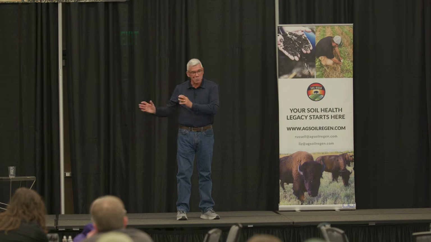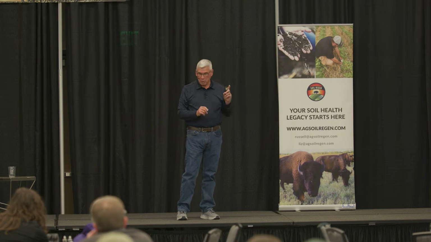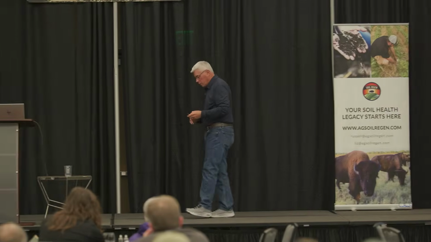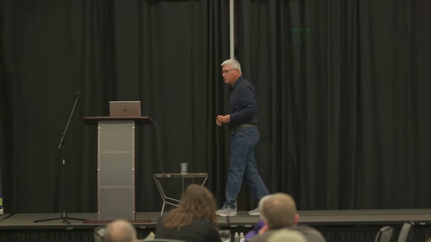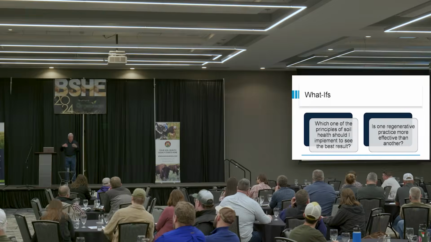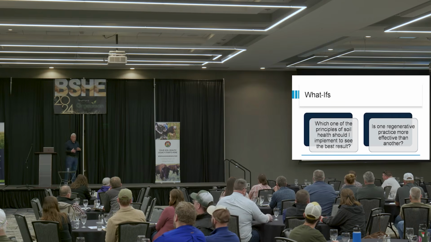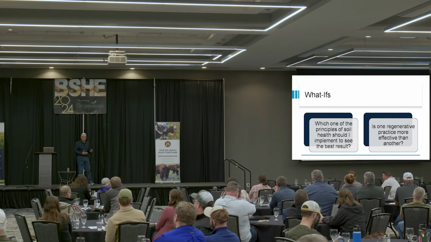And now we're only subjected to those really, really monstrous droughts that we have. So we begin to understand these different dynamics that are going on. Now we begin to see that here's the first of the what ifs. Which one of those principles of soil health should I implement to see the best result?